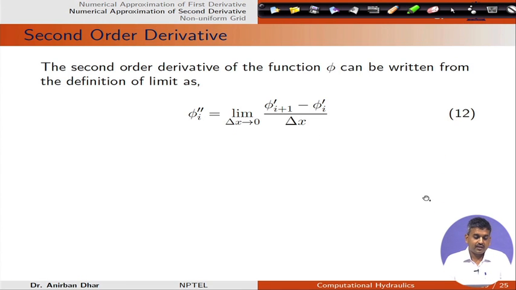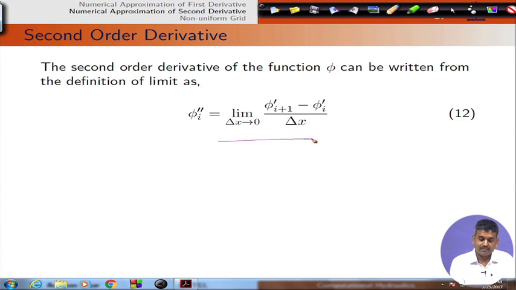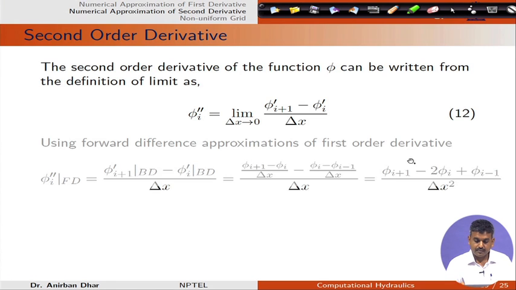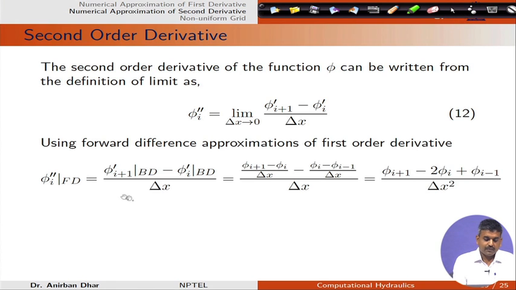So, let us consider the case for second order derivative. Like forward difference, we can apply this approximation. So, with forward difference, we can write this again.